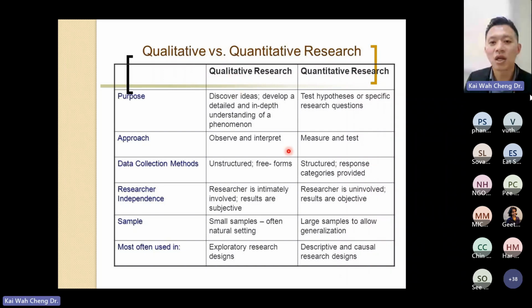Of course, for quantitative research, it must be measurable, and we will conduct certain inferential analysis to test every research hypothesis.